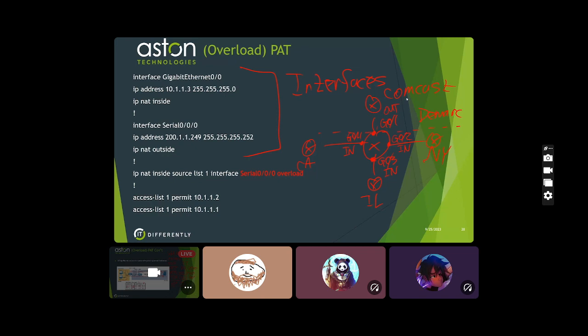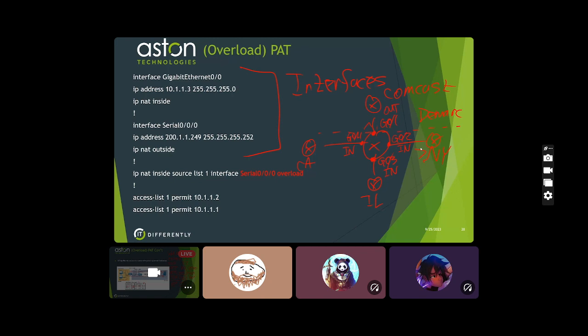So, when traffic comes from the inside and is trying to get to the outside, that's when the router will actually check our NAT configurations and see what it should do. If our traffic is just flowing from California to New York and back, we're staying inside our own network, we're not even going to look at our NAT configurations. But if it's going from the inside out or the outside in, we check our NAT configurations. Does that make sense? Okay.